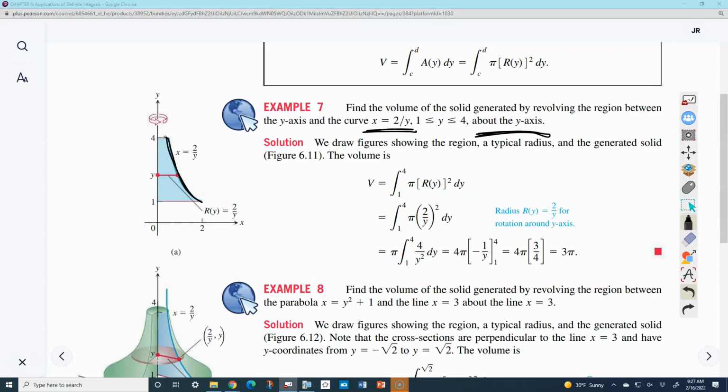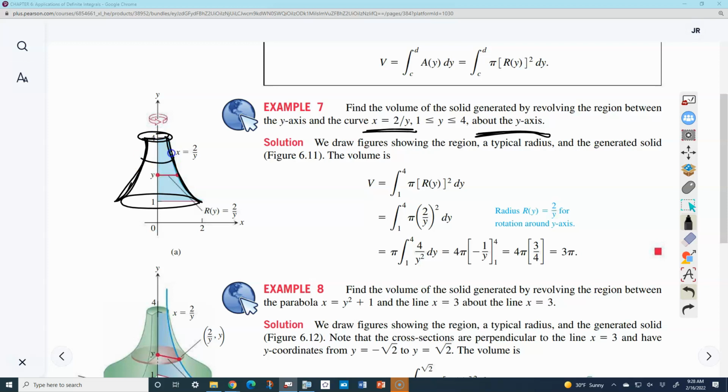And we're revolving that thing around the y-axis.